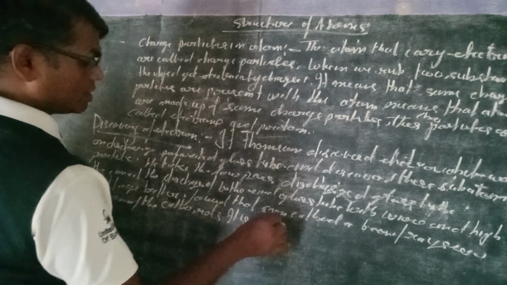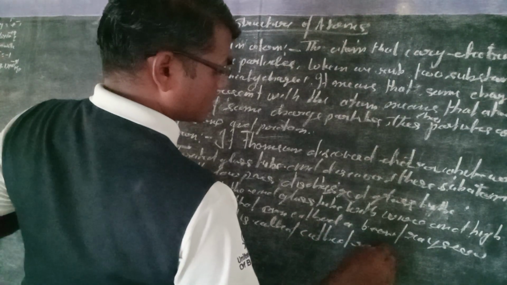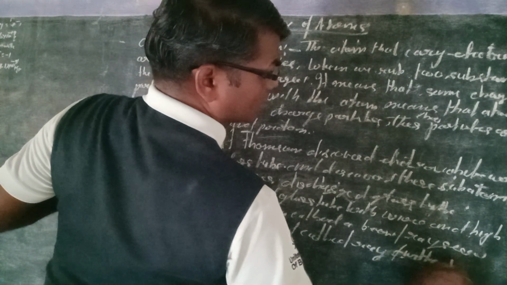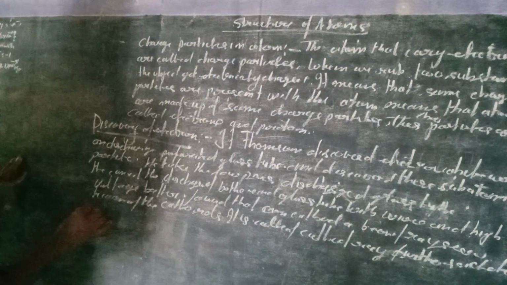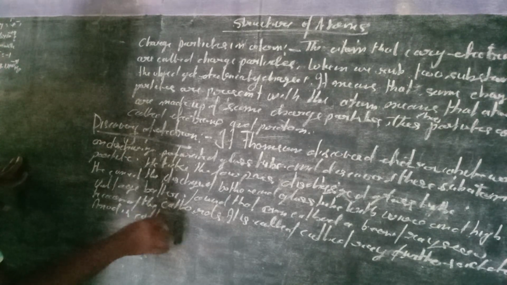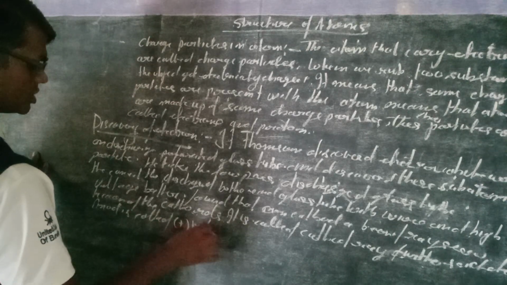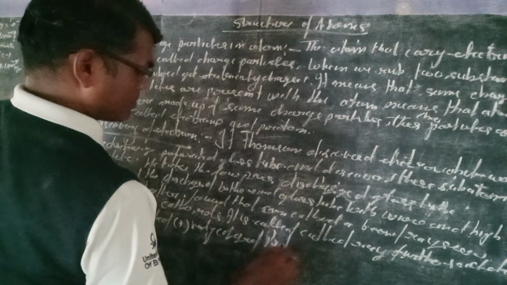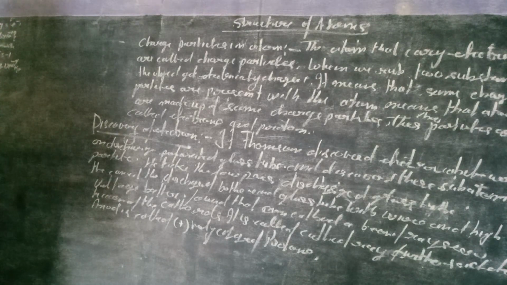It is called cathode rays, or electrons, and the anode is called positively charged protons.